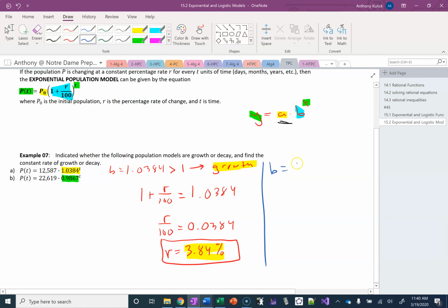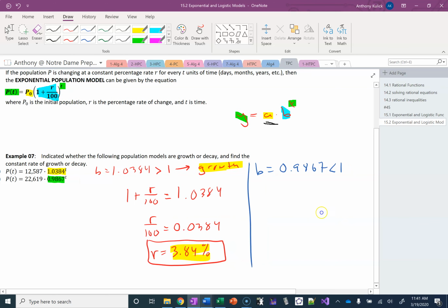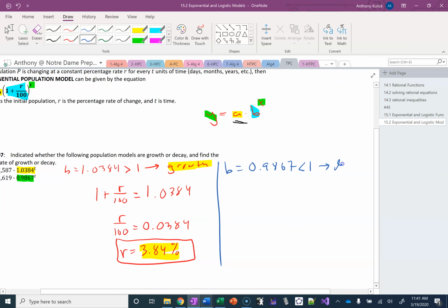If I look at the second example, here we have that the b is 0.9867. Since that's less than 1, we know that this is a decay. Since it's decay, this is still 1 plus r over 100. Nothing really changes because it's a decay.